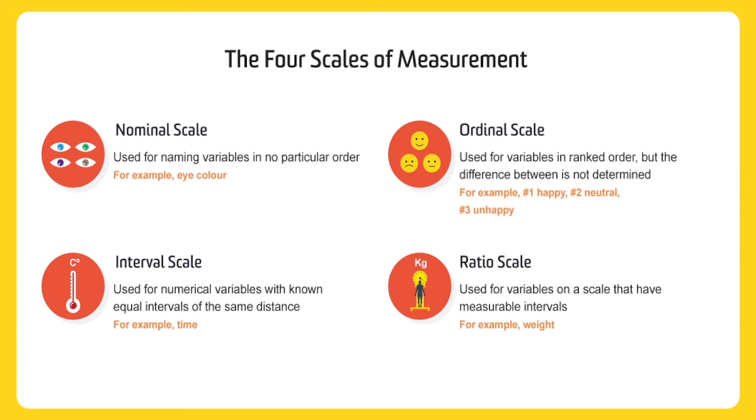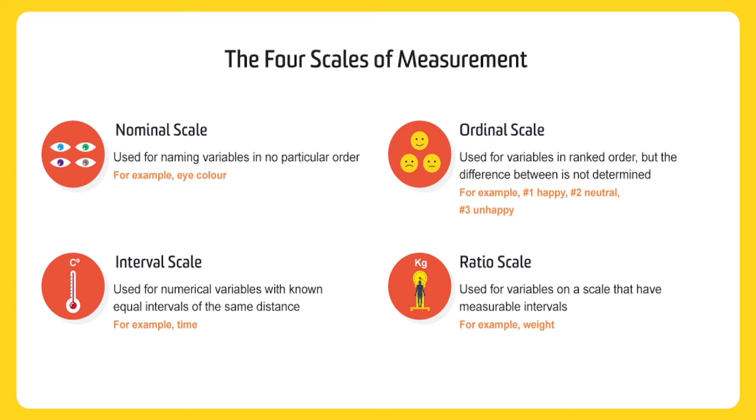Then we are moving towards interval scale. Interval scales have an arbitrary zero, that is, there is no absolute zero point or true zero point. I'm giving one example. A student who scores 0 in an achievement test is not supposed to know nothing in that subject.